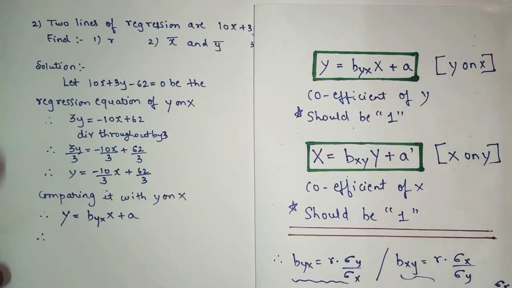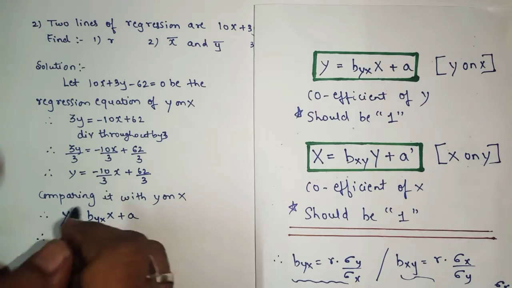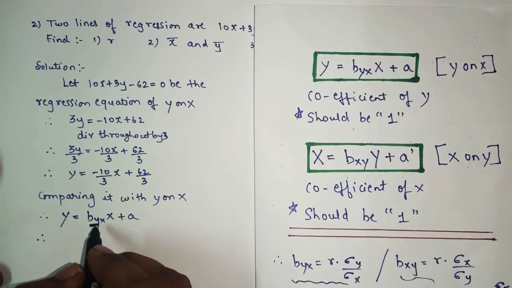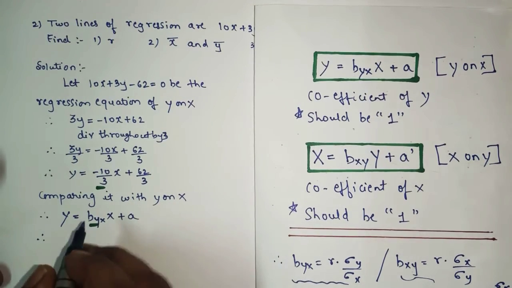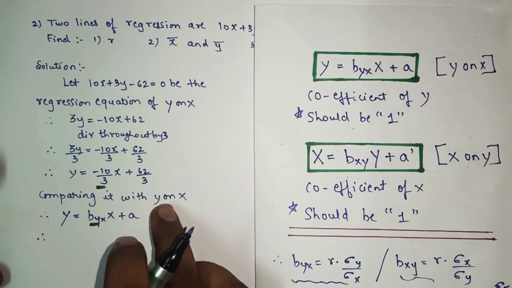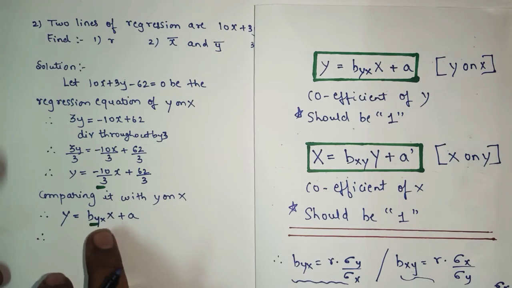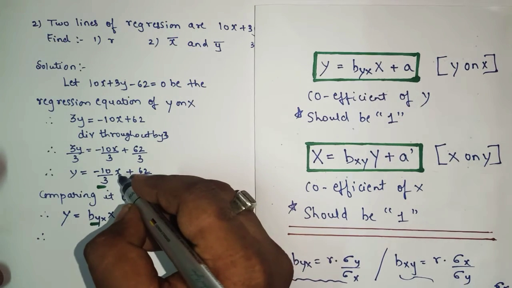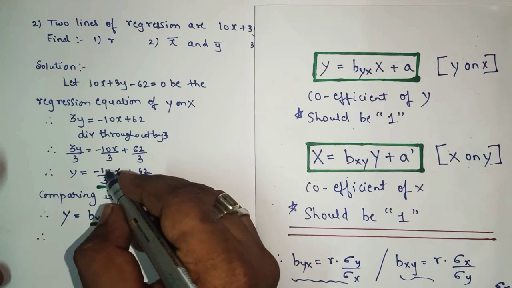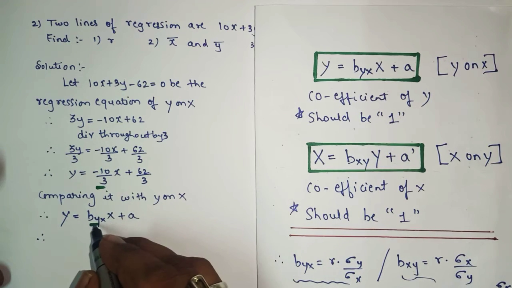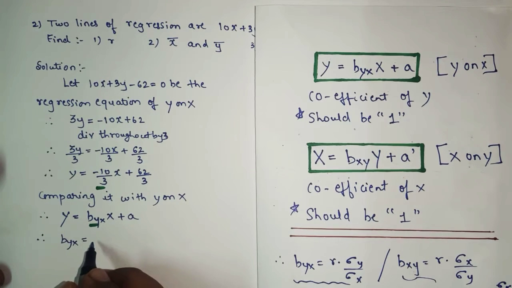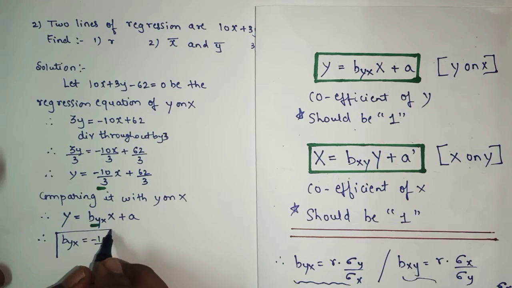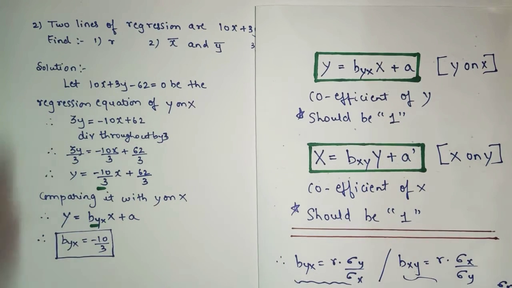So clearly we can see that the coefficient of x is byx. So comparing the equation with y on x, y equal to byx x plus a, clearly we can see that the coefficient of x is minus 10 upon 3, and here the coefficient of x is known as byx. So byx is equals to minus 10 by 3. So here we got the answer of byx.